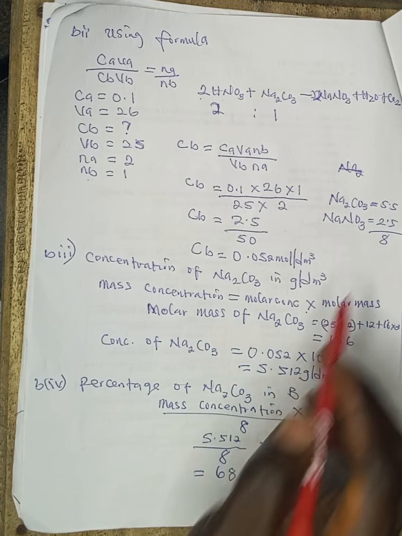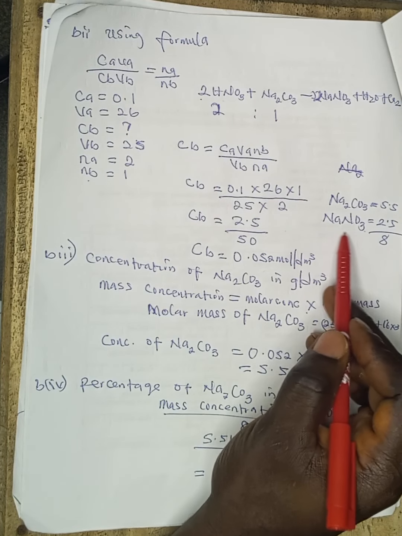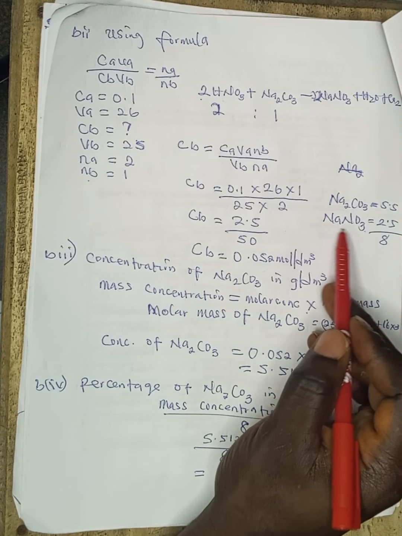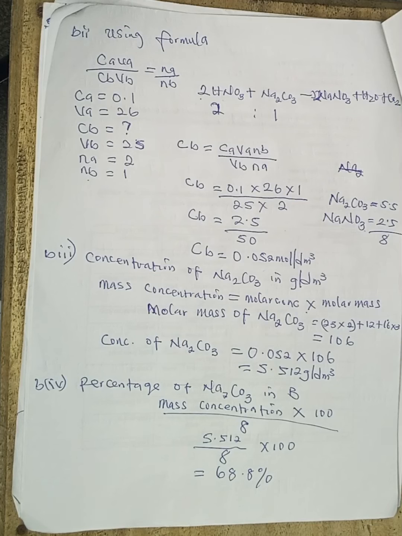Then the next question, which is the last question, you are asked why is it that this sodium nitrate does not take part in the reaction? Why is it not used during the course of the reaction? Now, I earlier explained in my video that it is not used because it's a neutral salt. There is no way you can titrate acid against a neutral salt.